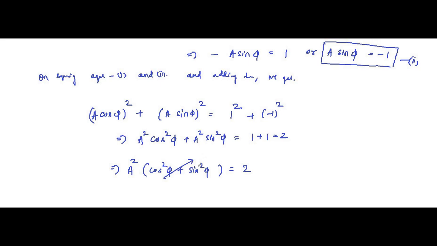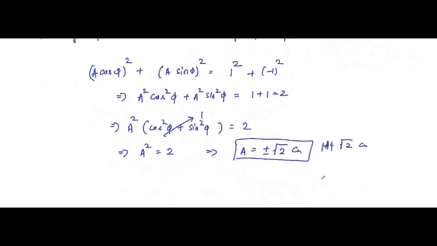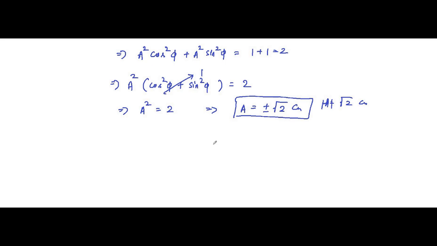This whole thing is equal to 1, because sin square phi plus cos square phi is equal to 1. So A square is equal to 2, that implies A is equal to plus minus root 2 centimeters. Magnitude wise it is simply root 2 centimeters. That is the maximum displacement, that is the amplitude.